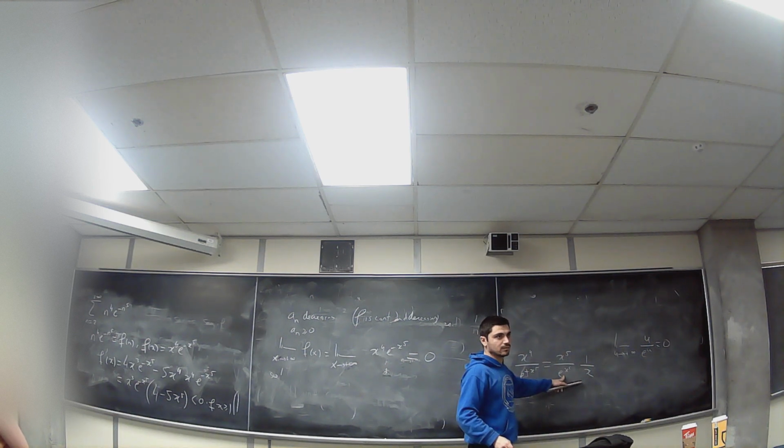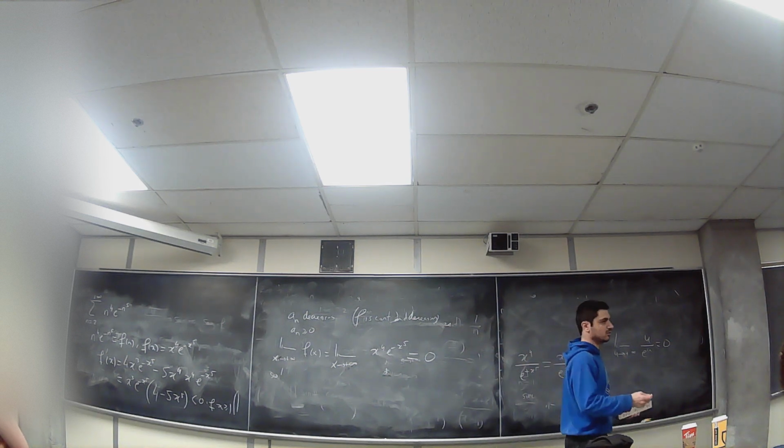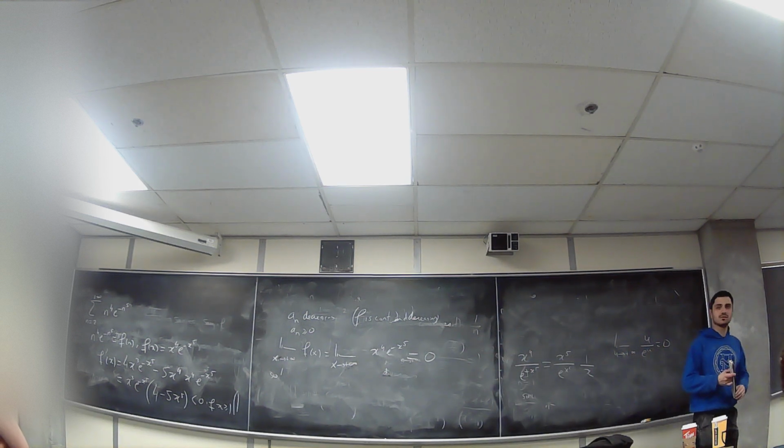By L'Hopital, what is that? This is 0, right? Infinity over infinity, differentiate, 1 over e to the u becomes 0. So this here is 0. Instead of L'Hopitaling like 55 times, I think you need to L'Hopital 2 or 3 times.